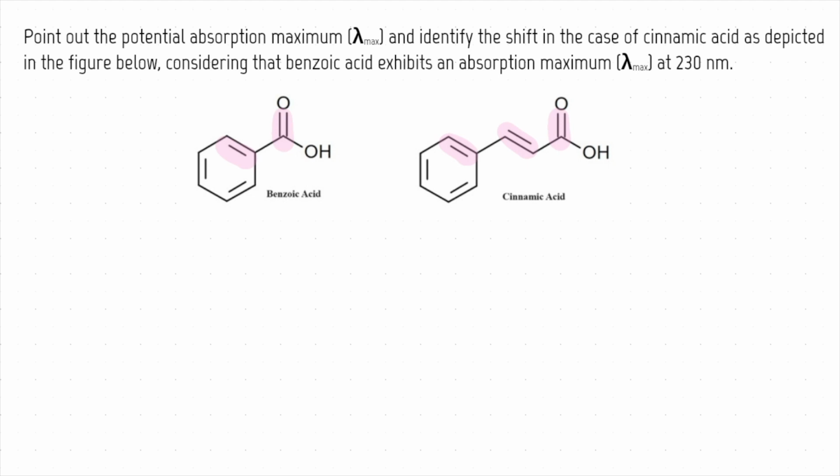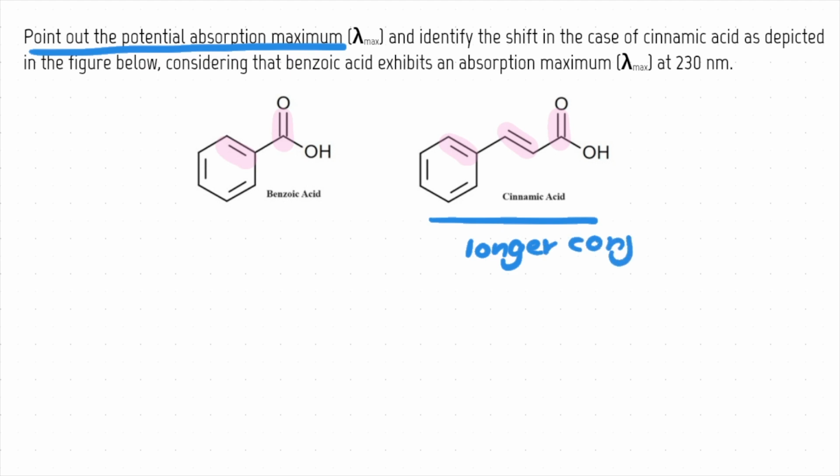So basically, because you were asked to point out the potential absorption maximum, we can say that the cinnamonic acid has longer conjugation. So you will get 1 point here.